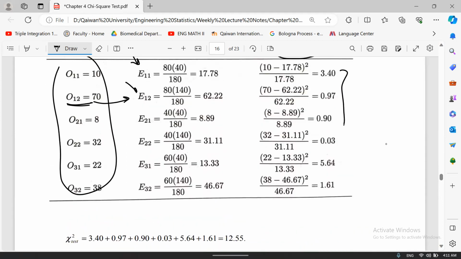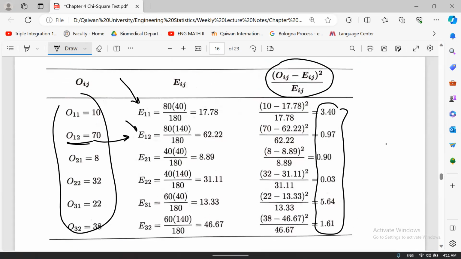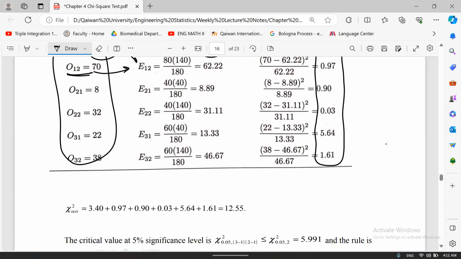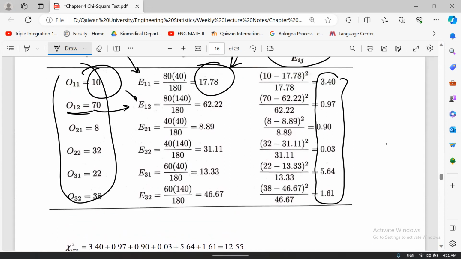We found these all. Calculate these all, okay? Which is this one minus this one squared dividing by this one. We calculate these all, then we find the sum of them. The sum of them is the result.